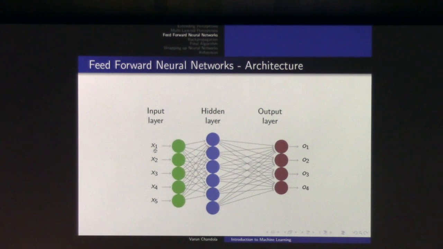So with 5 attributes, all these X's go to each hidden node. Each hidden node gets all the input from here. Then inside it does its magic. It computes the W transpose X, and then it computes the net P and then the O of P, which is the sigmoid function on net P. And then it sends it out to all of your output units. The output unit also does the same thing.